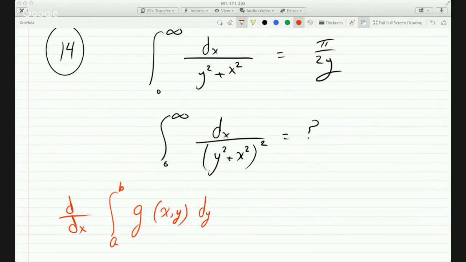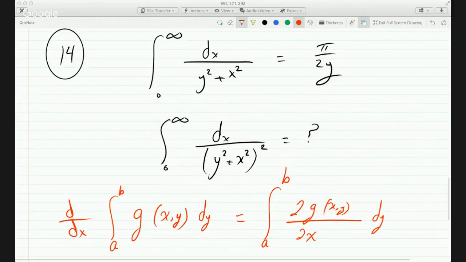As long as a and b are real numbers, what you could actually do is take the partial derivative inside, and this would become the partial of g as a function of x and y over dy, dx. You could do that.